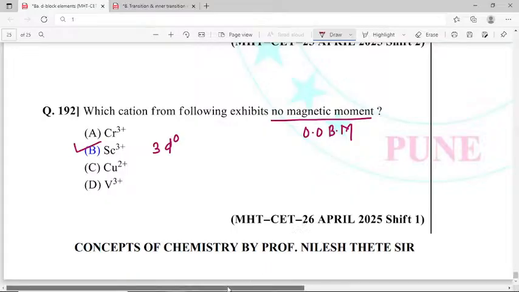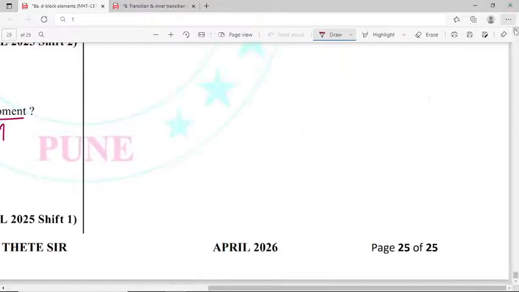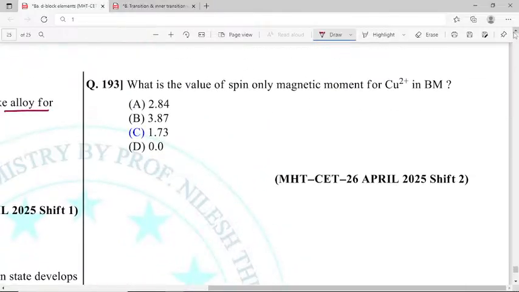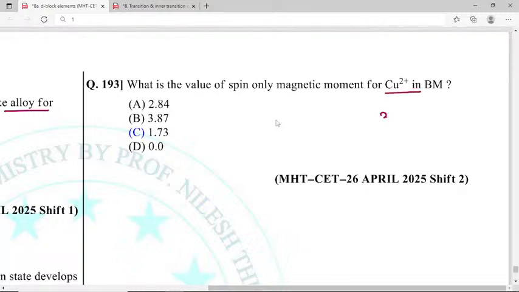Next question. What is the value of spin only magnetic moment of copper 2 plus? It is 3d9, so 1 unpaired electron, 1.73.